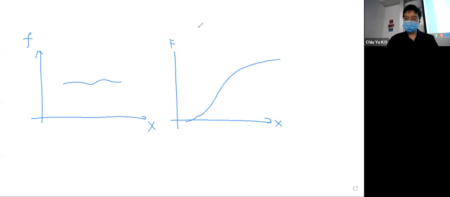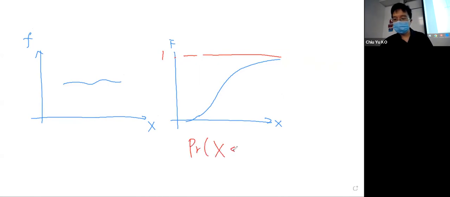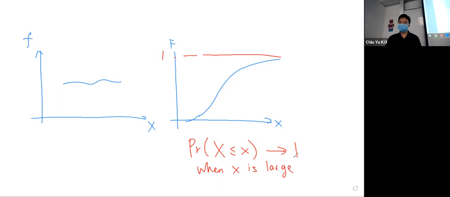The first thing you can see is that if x is big enough, then F will be close to 1, because F of x is the probability that X is less than or equal to x. So when x is very big, this goes to 1, because it's asking what's already less than or equal to that.